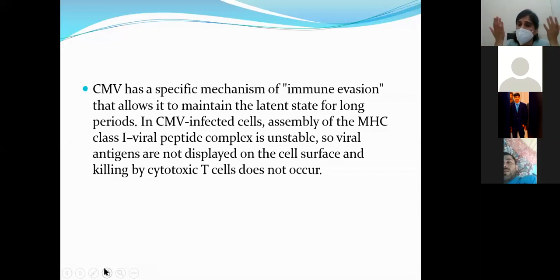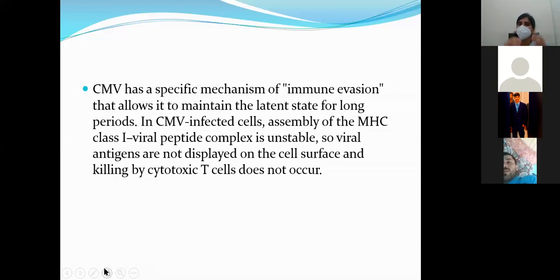When the viral antigens are not displayed on the cell surfaces, then they will not be killed by the cytotoxic T cells. Okay, this is the mechanism of immune evasion of cytomegalovirus.